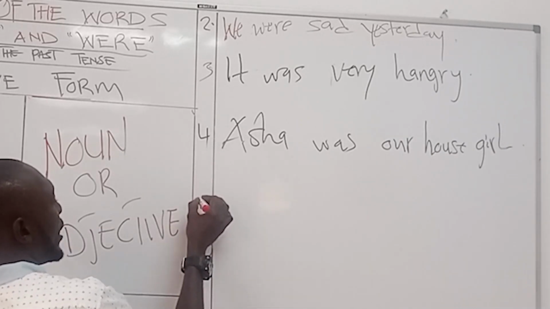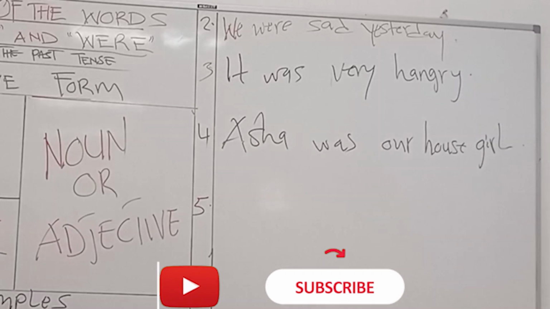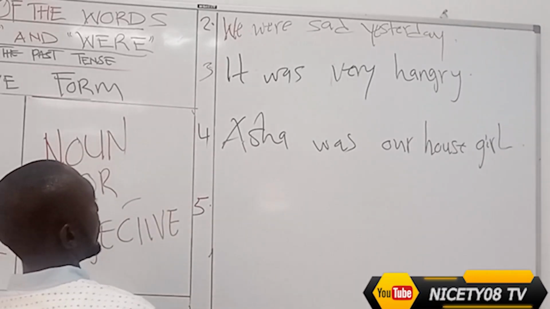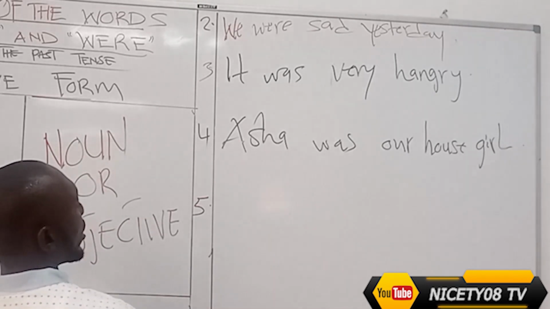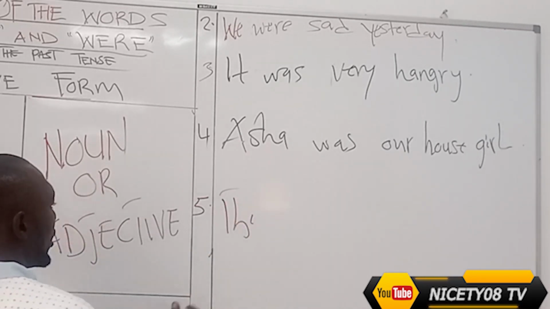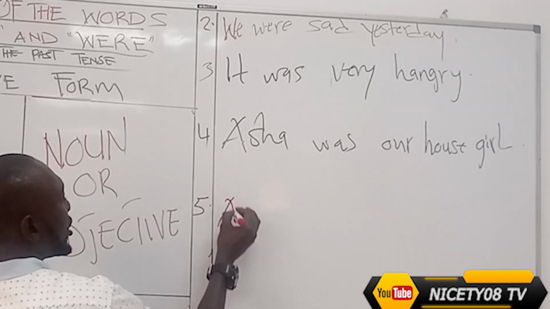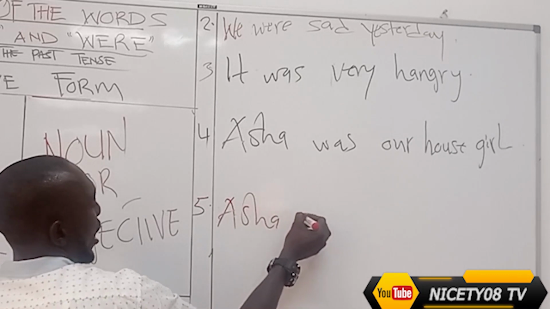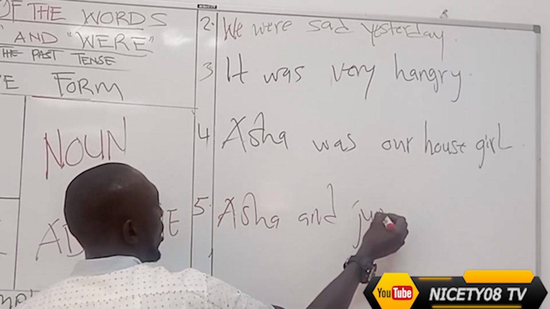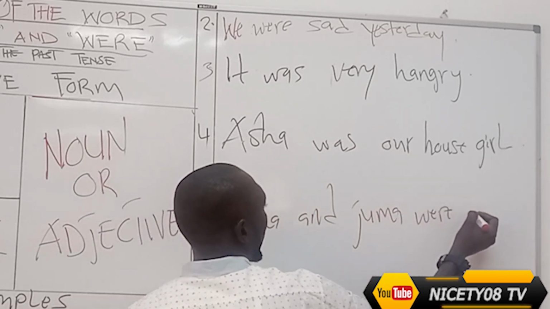Number five, last one: you with they were. They were together. Let's say Asha and Juma were together.